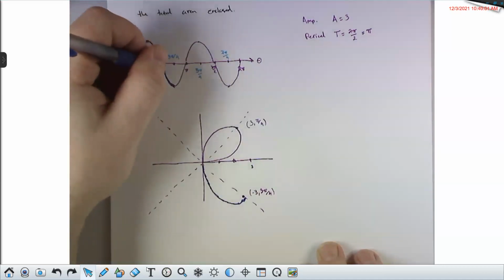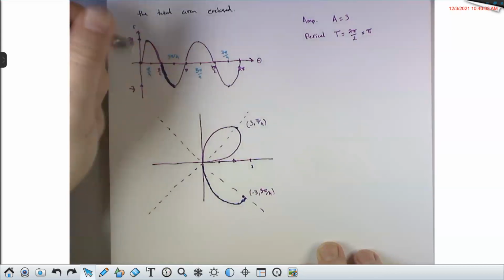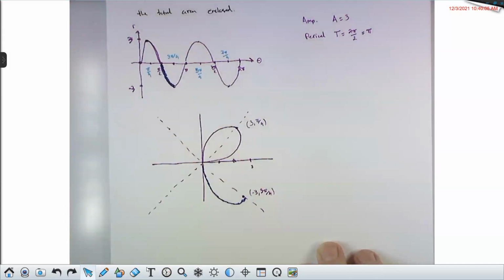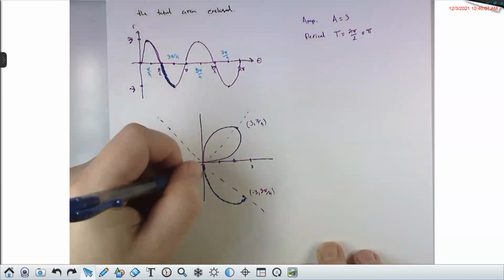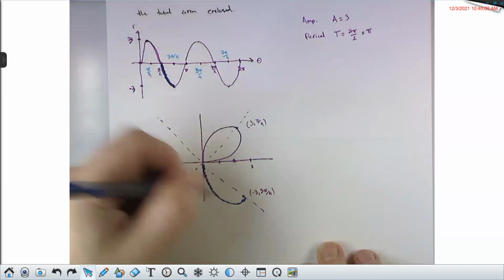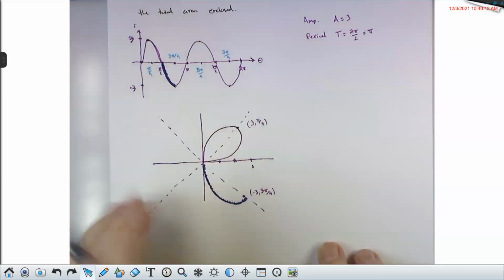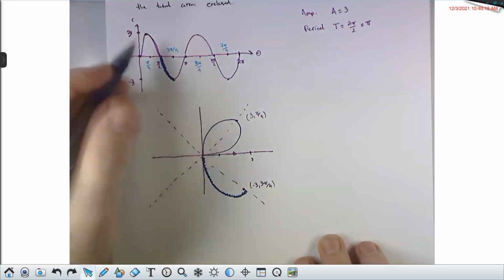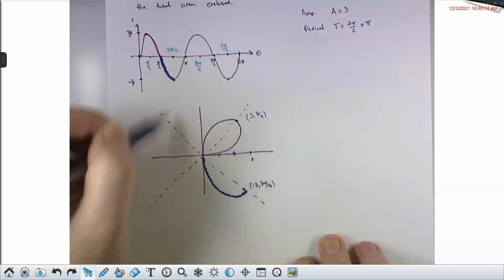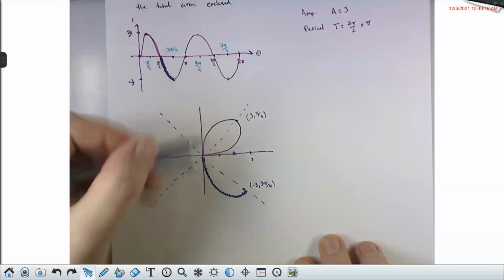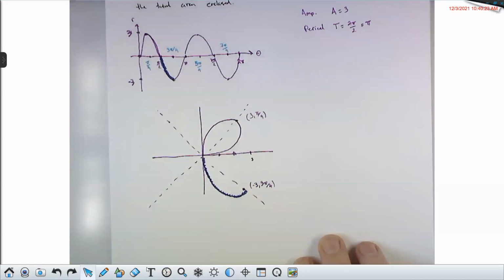Maybe I'll make it extra big up here because it's kind of hard to see. That portion gives this portion. And it's not entirely obvious because normally you'd think from pi over 2 to 3 pi over 4, you're drawing up here. But you're not, you're drawing down here in the reflected region because the radius is negative.